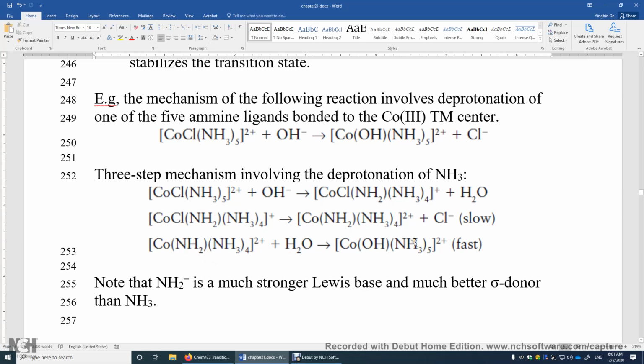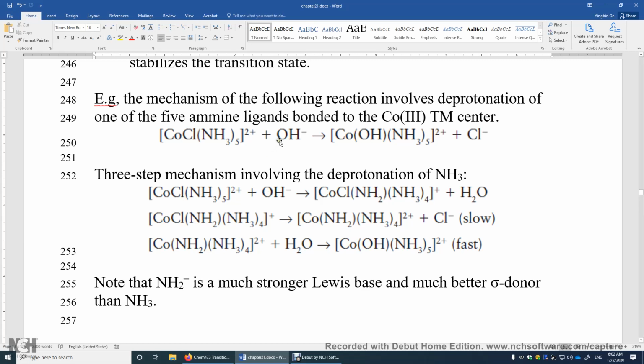Now it becomes ammonia again. Meanwhile, the OH part of water forms a sigma bond with the cobalt. So if you look at this case, the charge of the transition metal complex becomes 2+ again. So from 2+ to 2+. The overall effect is this hydroxyl ligand replaces the chloride ligand. Alright, that's the overall effect.